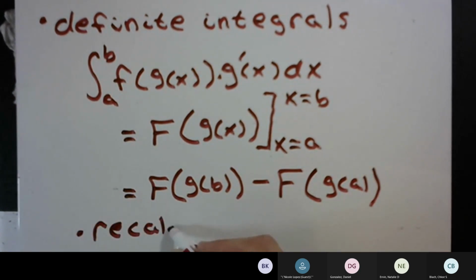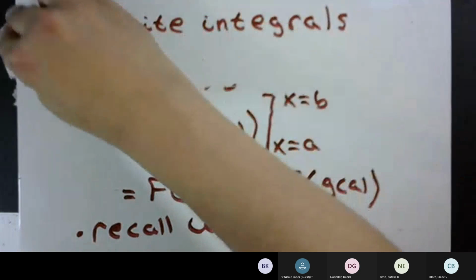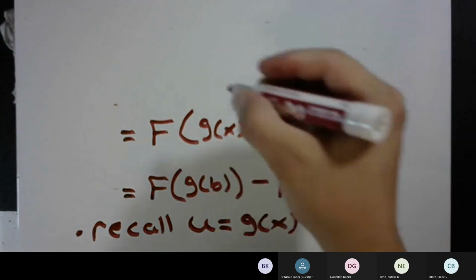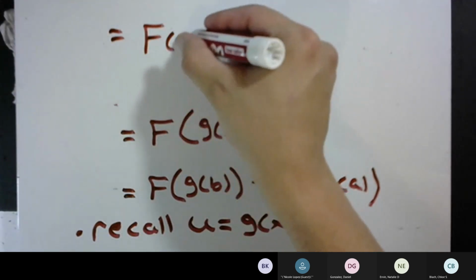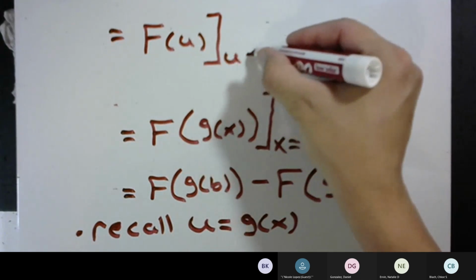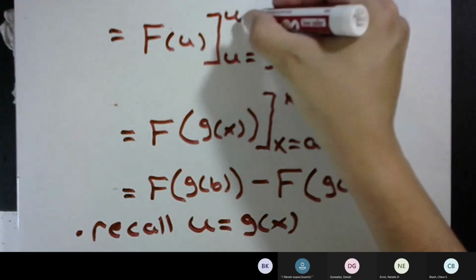Recall that u is g of x. When we do a u substitution, we let u be g of x. So we can rewrite this as F of u, where u is g of a and g of b.